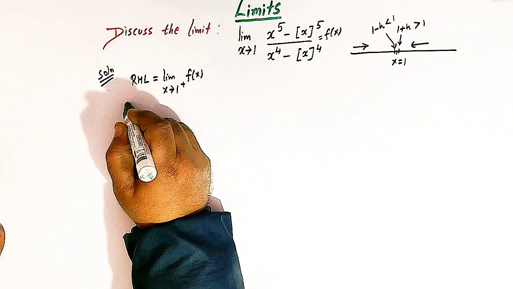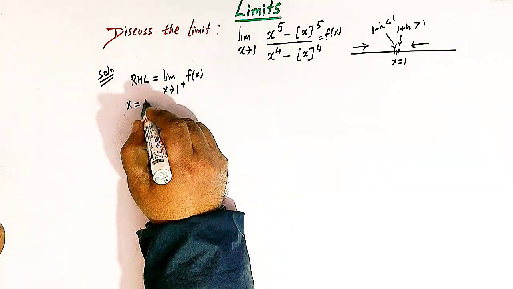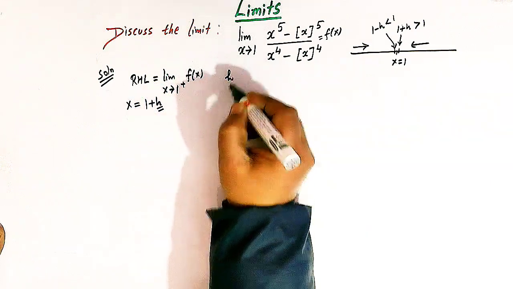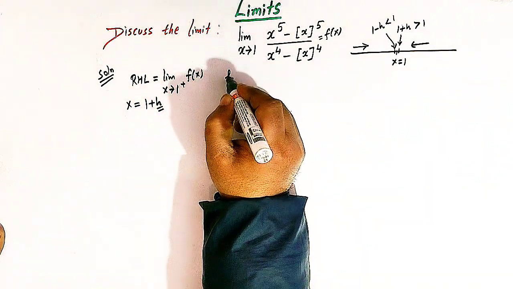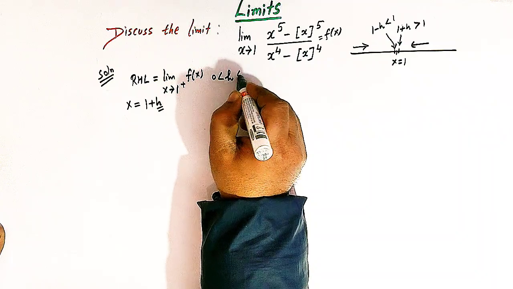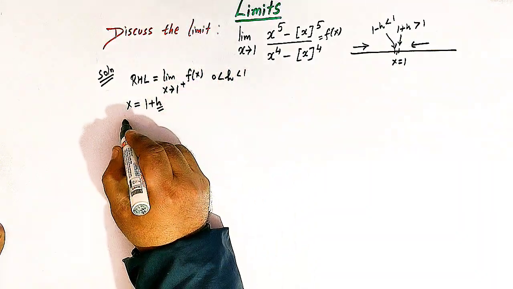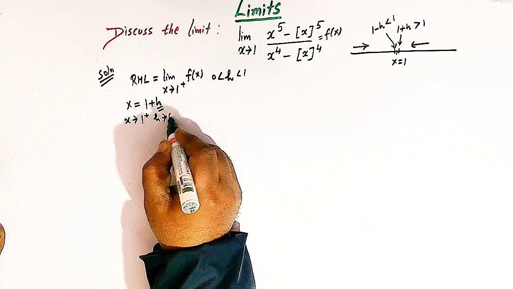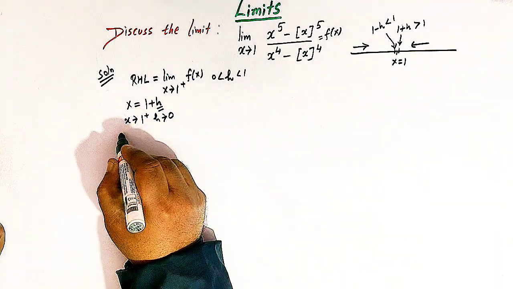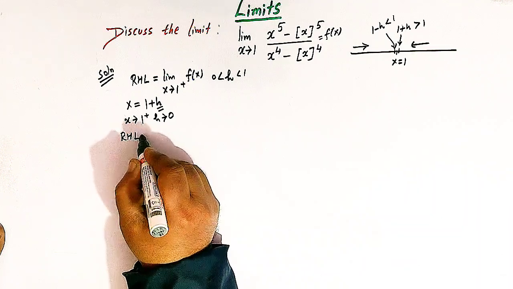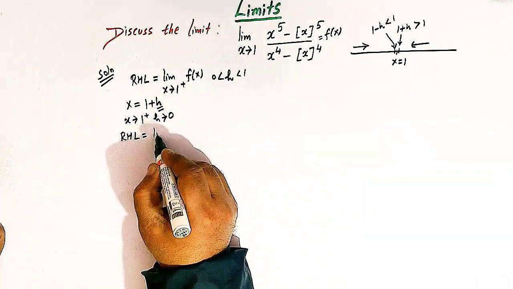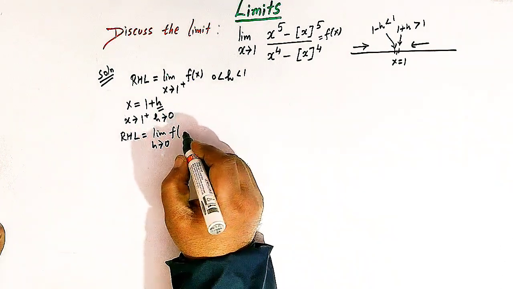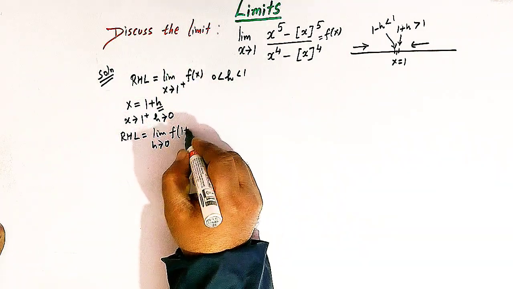Now we'll take x equal to 1 plus h. Here this quantity h is infinitesimally small, and it lies between 0 and 1. So when x tends to 1, then h tends to 0. Now the right hand limit can be written in terms of h as the limit h tends to 0 of f of x, where x is 1 plus h.